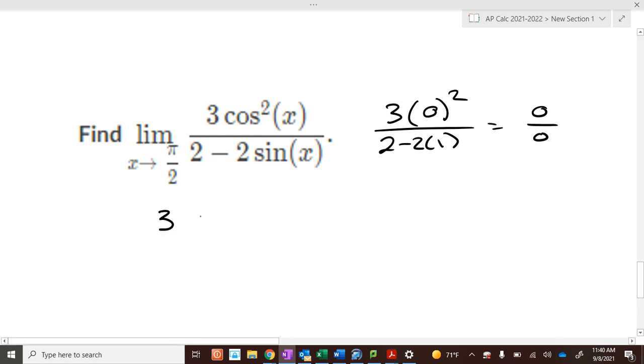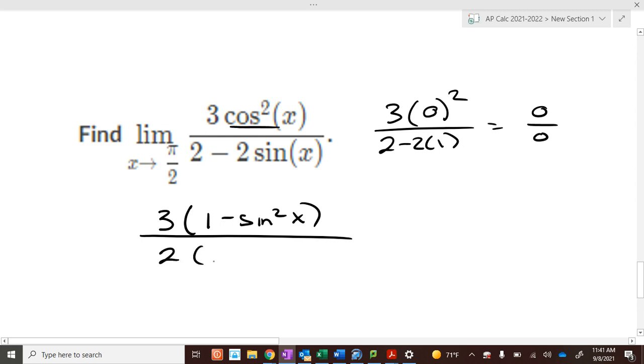I reckon the numerator, cosine squared, because you can't manipulate the denominator much besides taking a 2 out. So cosine squared is 1 minus sine squared, and on the bottom, I'll take out a 2 to get 1 minus sine of x.